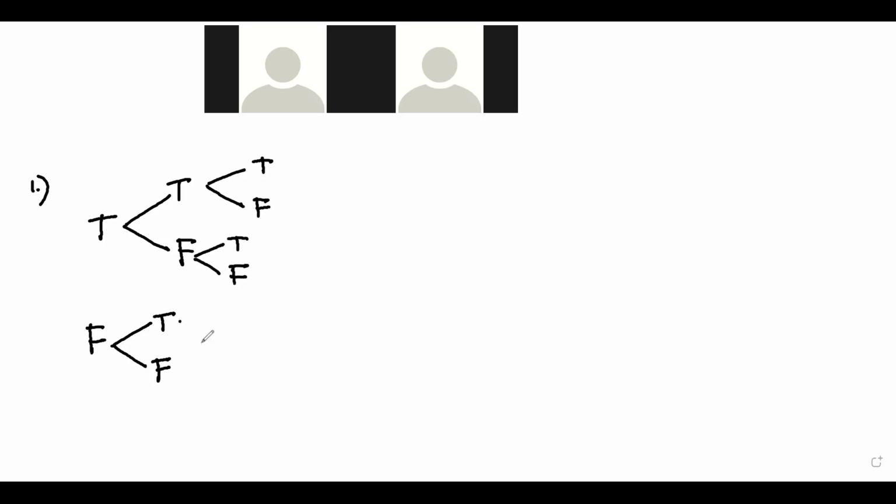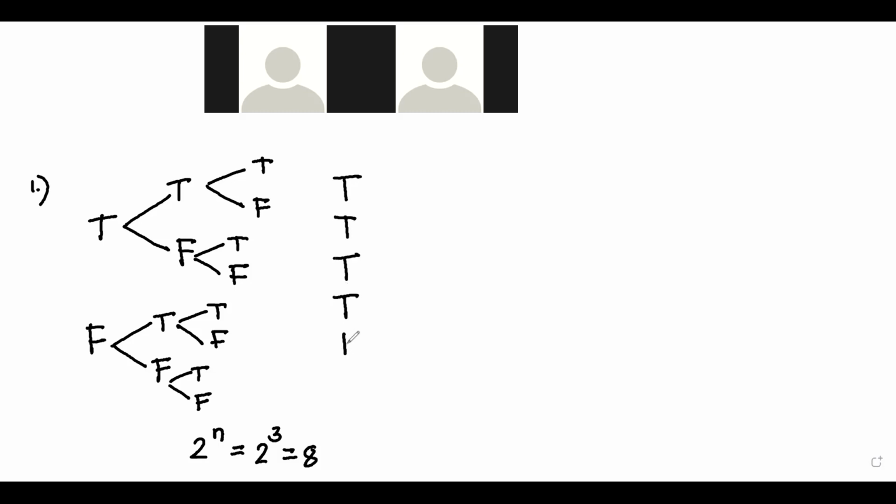Para tong sa logic. Okay, or if you want, using the truth table. Kasi the formula is 2 raised to n, and we have three questions, so we'll have 2 cubed, which is 8. So we have 8 possible outcomes. Ganyan tayo gumawa ng truth table: apat na true, apat na false.